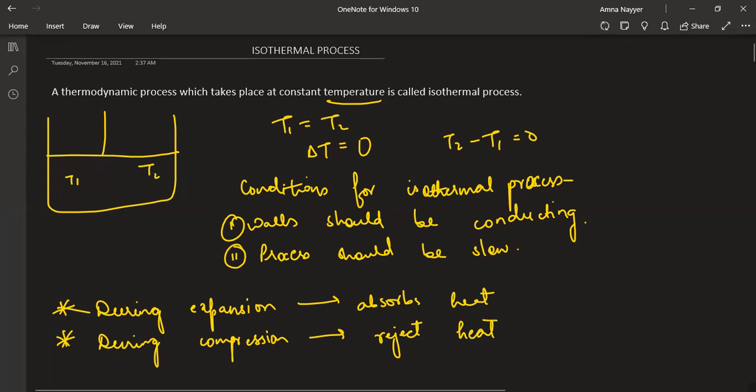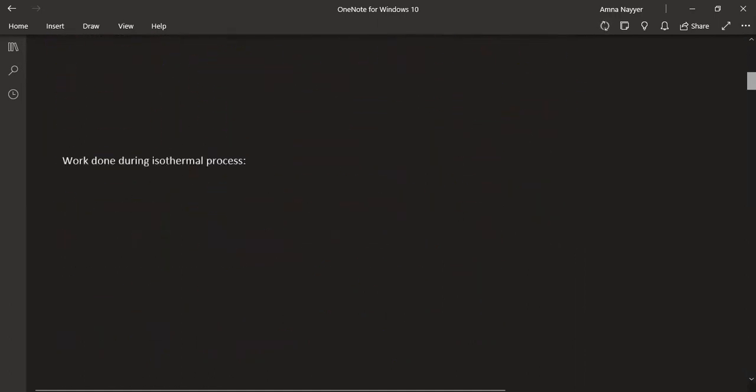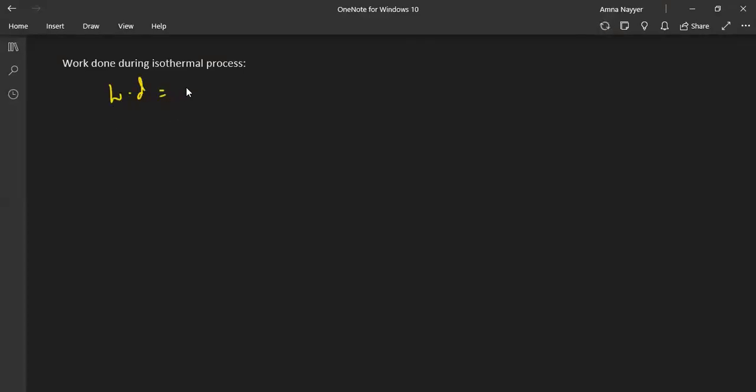Now work done during isothermal process. So we'll start with this. Work done is integral of P dV from V1 to V2. Now PV is equal to nRT. This we have seen. So what should I write the value of P?